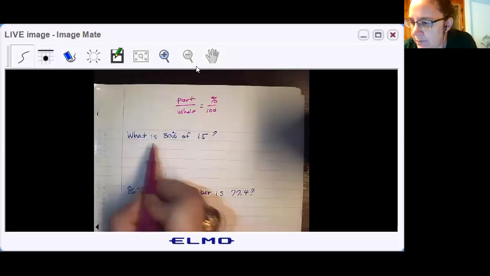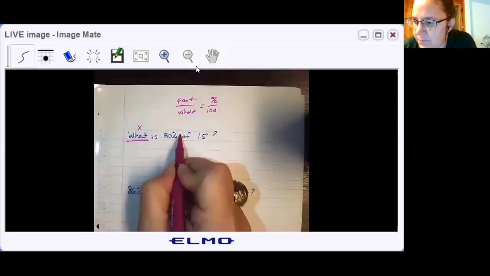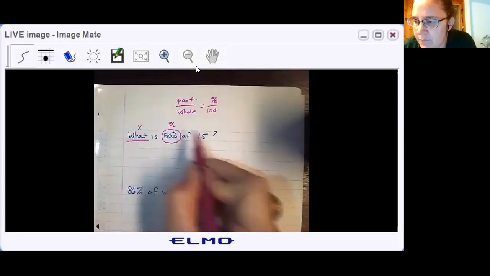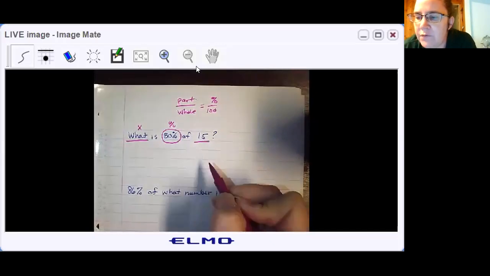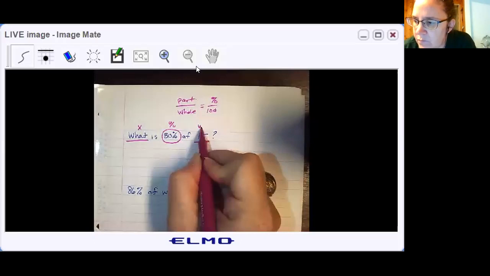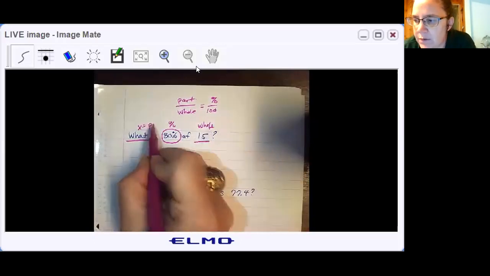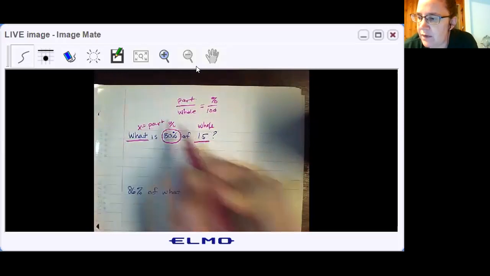Here's my what, so that's my X. Here's my percent, and here's a number. Of 15, this is my clue, this is my whole. So that means what I'm looking for is my part. So now I fill it in.